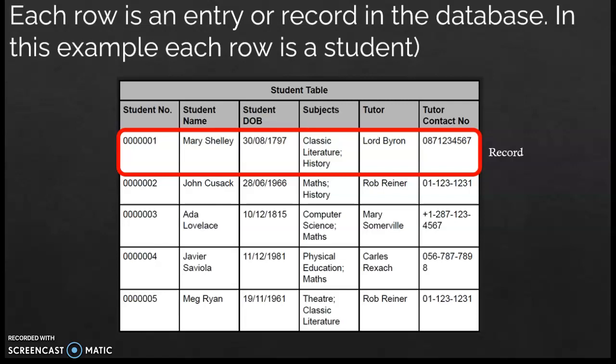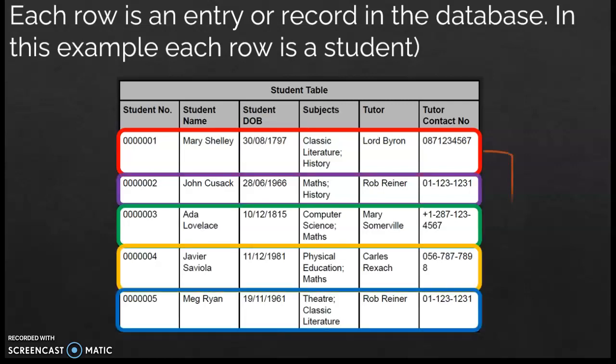That's considered a record in the database. You've got another 5 in total there. They are all considered records. So like a row, you might say, they are called records in a database.